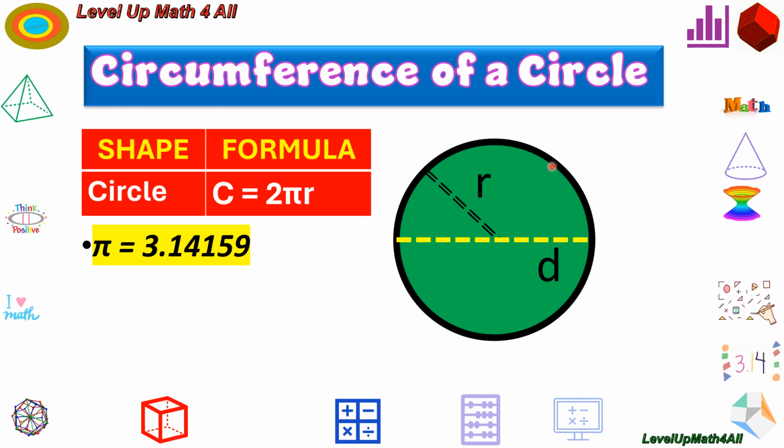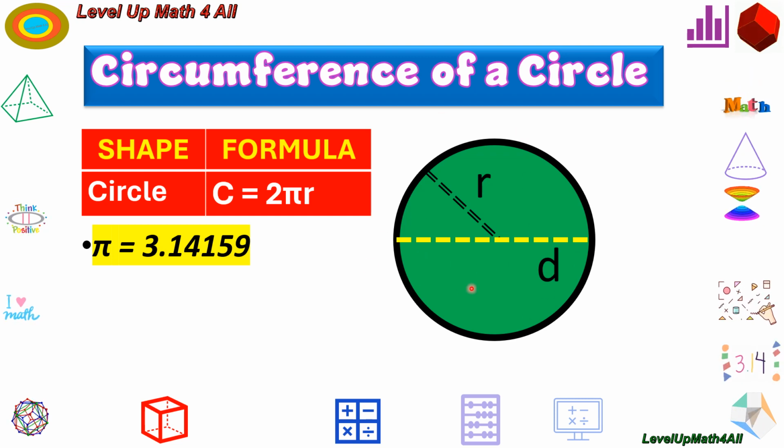We are trying to find the overall length of the circle's outer boundary, the enclosed boundary of the circle. So what is that enclosed boundary? That is what we have to figure out.